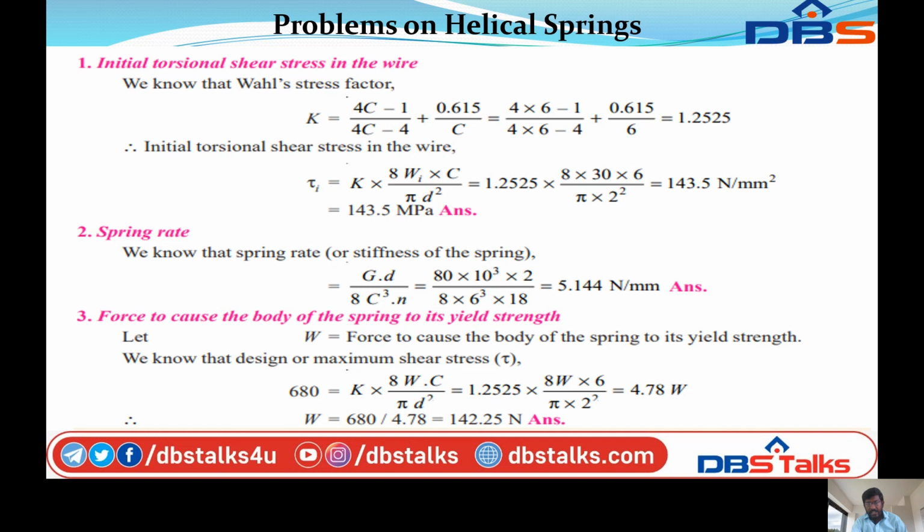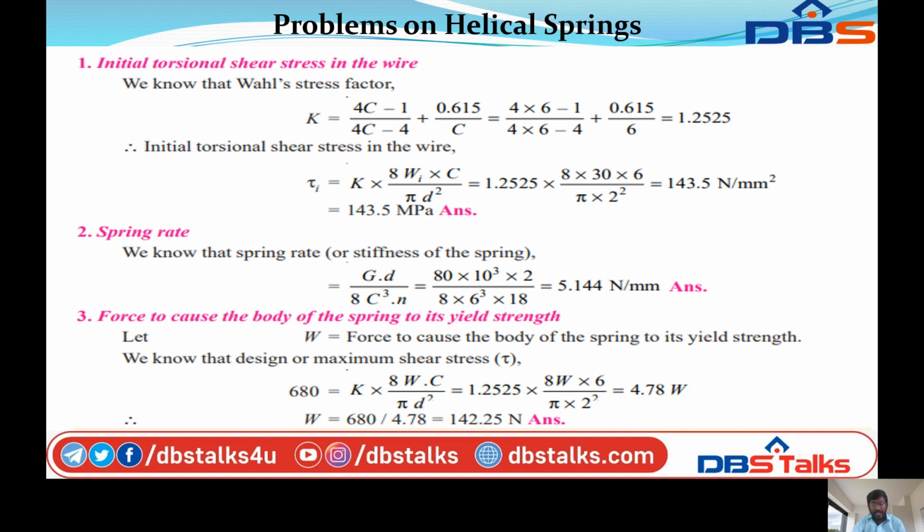The derivation also we can see in the previous class. So substituting the values, that is equal to 80 into 10 cube into 2 by 8 into 6 cube into N. N means 18, that is equal to 5.144 Newton per mm.